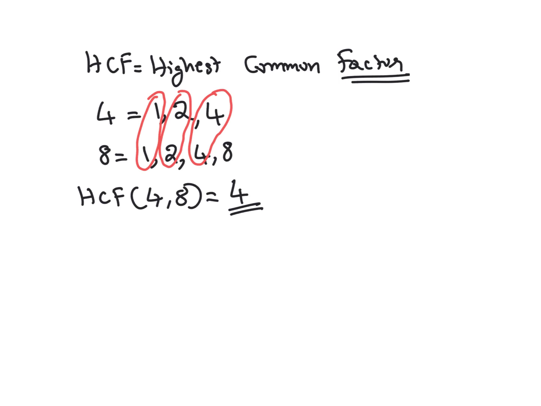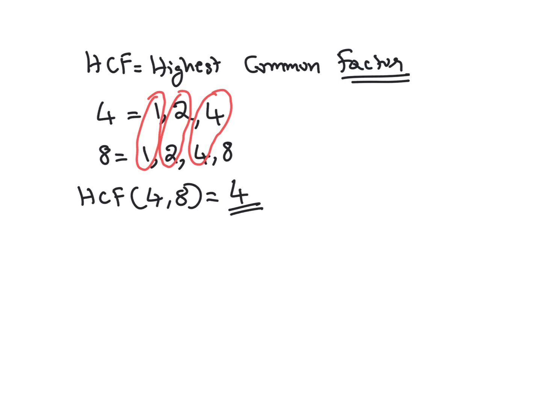Now do you understand how you find the highest common factor of 2 numbers? The same thing goes with finding the highest common factor of 3 numbers. You will list down the factors of each, figure out what are the common factors, and then pick up the highest one.